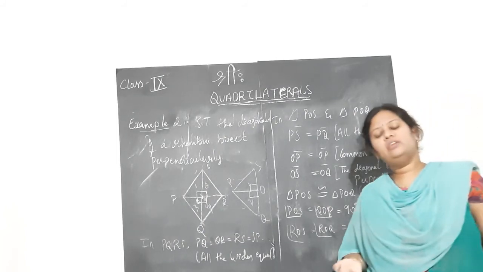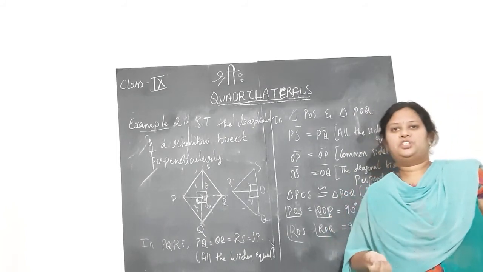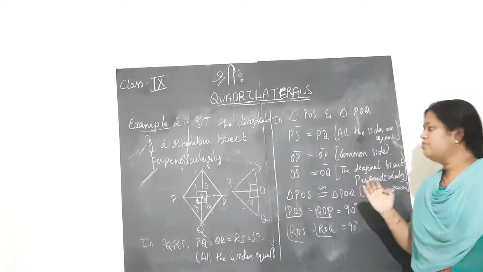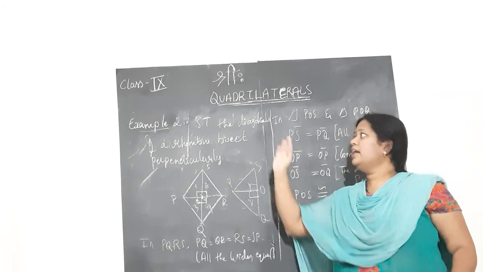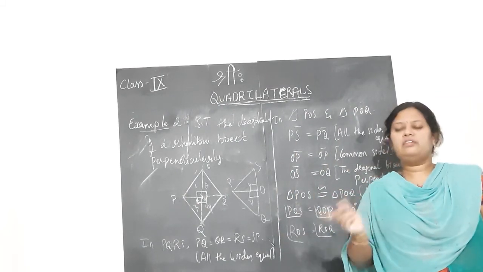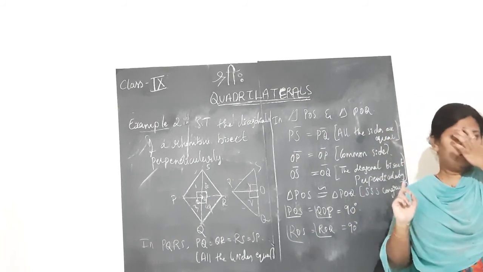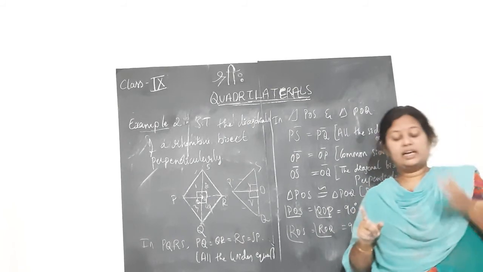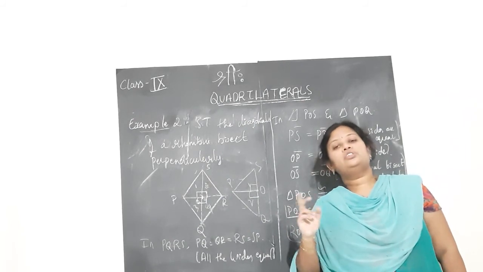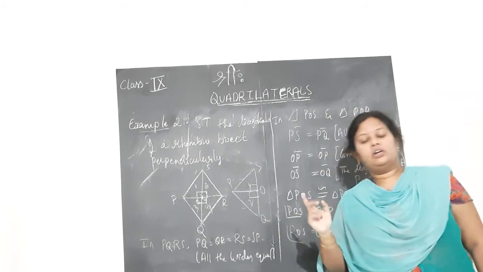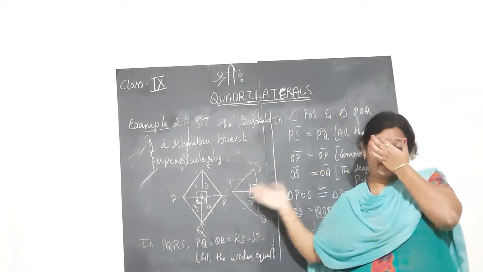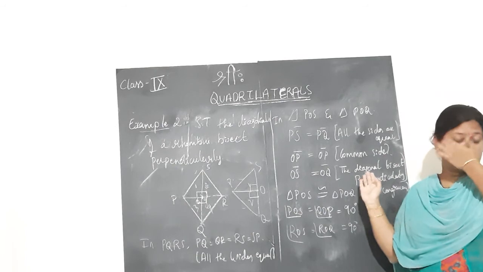We shall be starting with the exercise in the next session. In your classwork, what I want you to do is, first, on a new page, write the heading Quadrilaterals, write the definition and draw the figure. Many pictures are given in your textbook. You can draw any one of your choice. Draw a quadrilateral and write the definition which I said. Next, write the properties of the quadrilateral, which I wrote, after the figure.